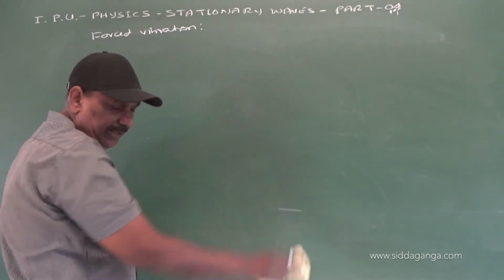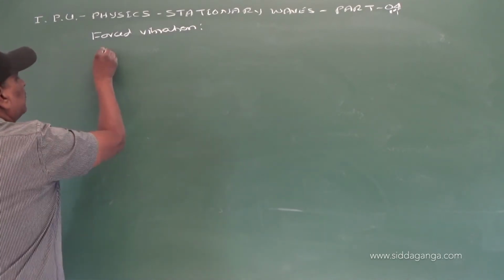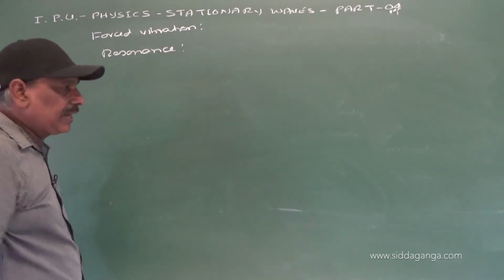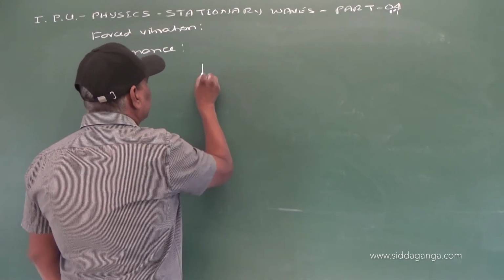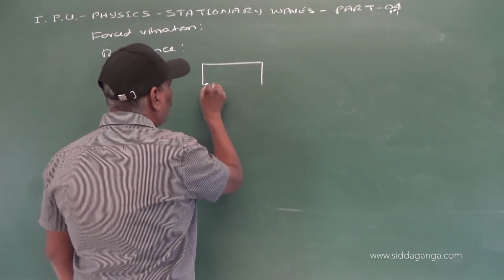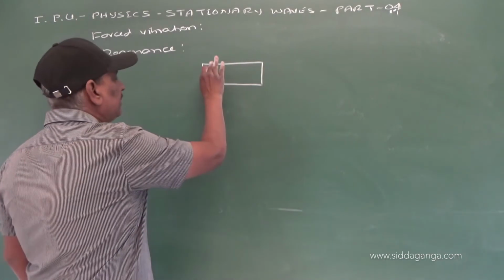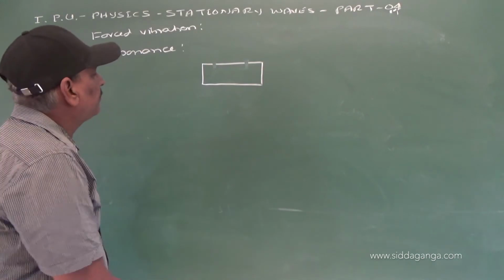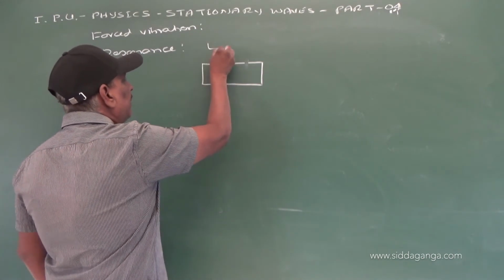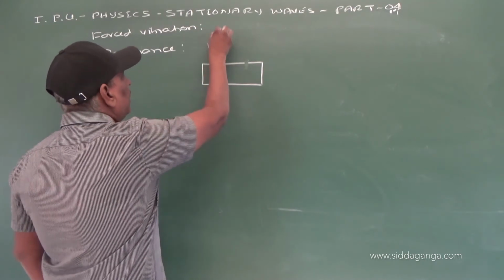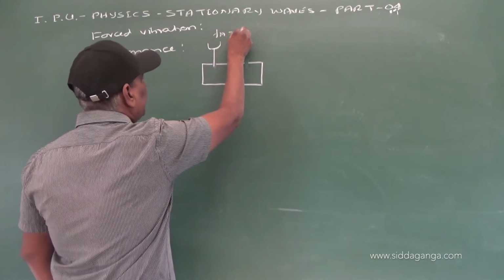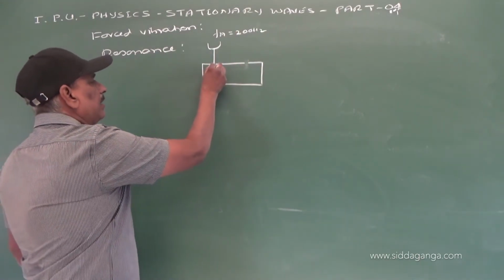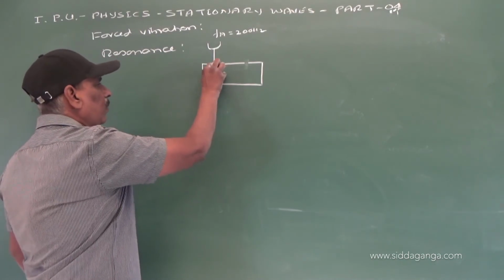And another important thing is the phenomenon of resonance, right? Suppose, let us consider a wooden block with two holes. Now, a tuning fork A of frequency FA equal to say 200 hertz is inserted inside the hole.